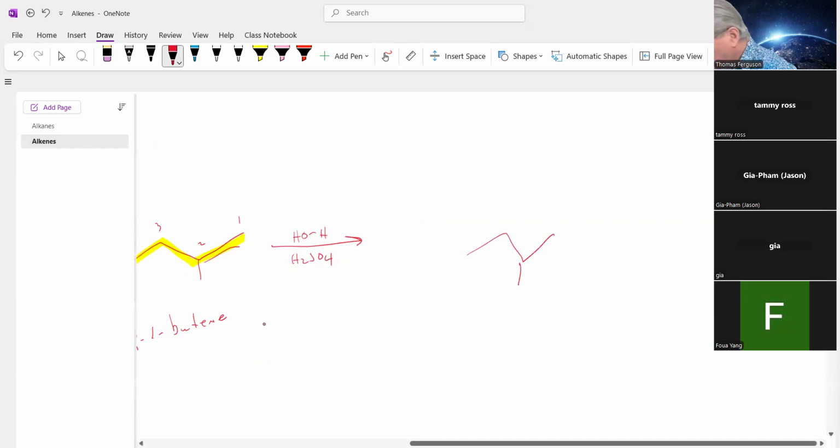So the first time the OH is going to add here. And then the second time, the OH is going to be on carbon number 2.